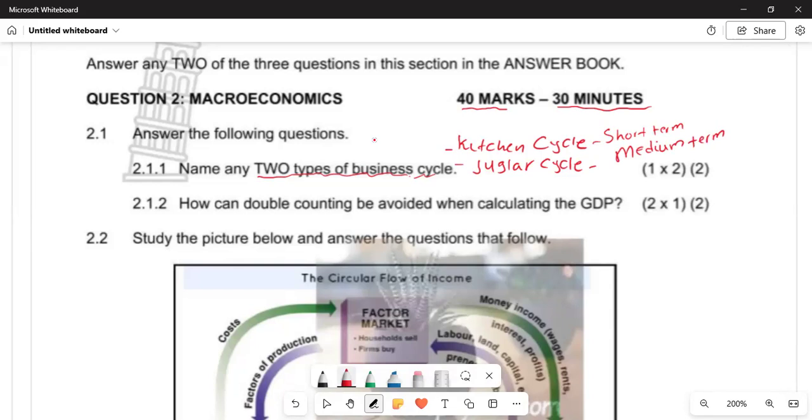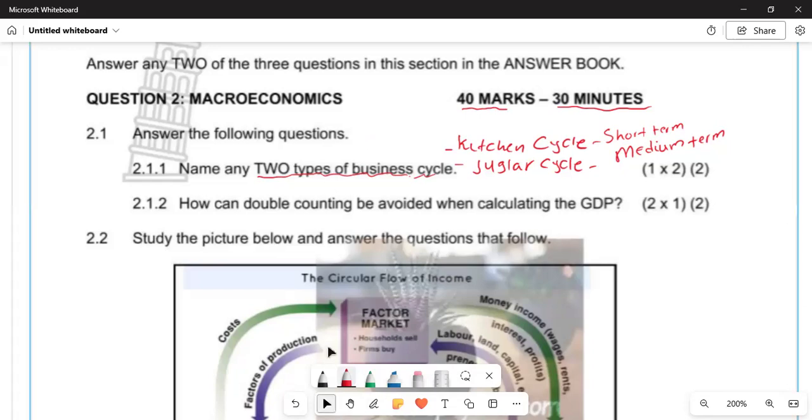Example, a period of investment growth followed by a slowdown like the global financial crisis in 2008. But all you were asked is to name 2 types of business cycle, the Kitchin cycle and the Juglar cycle. The other ones you can talk about are the Kuznets and the Kondratieff cycles. So those are the other cycles.